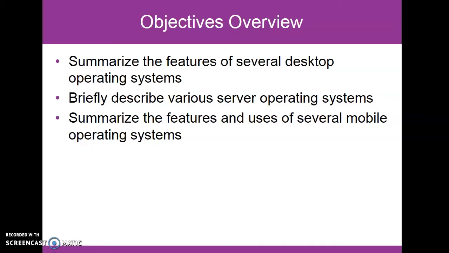First of all, I will summarize the features of several desktop operating systems. Then I will describe briefly various types of server operating systems, and then I will close by summarizing the features and uses of several mobile operating systems.